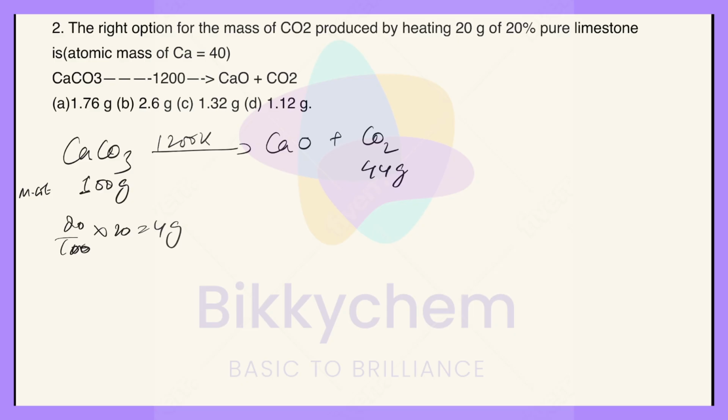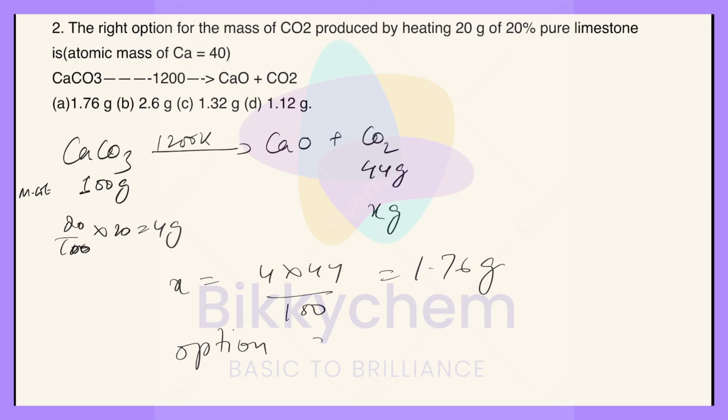So how much carbon dioxide is going to be produced from 4 gram? The value of X will be 4 into 44 divided by 100, which is equal to 1.76 gram. So option A.